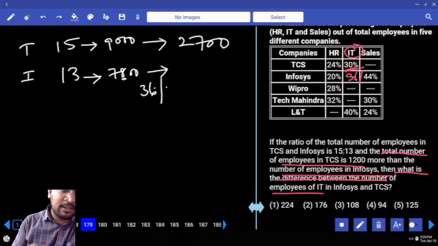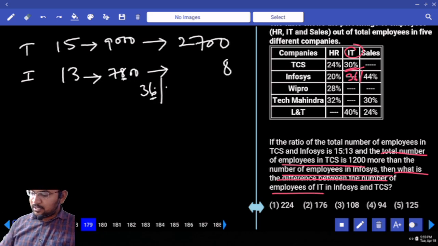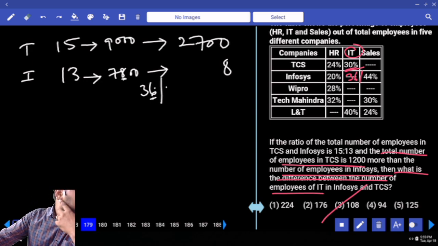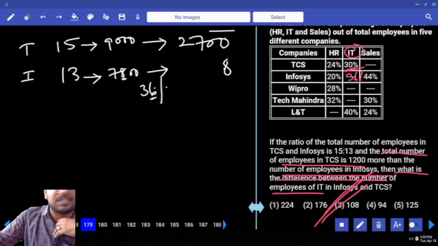Here, what is there? 8. Here, what is there? 6 eights are 48, so our answer ends with 8. Yes or no? 36% of 7800 is more than 2700. 8 minus 0 is 8 only. Our answer ends with 8. Only one option is there.